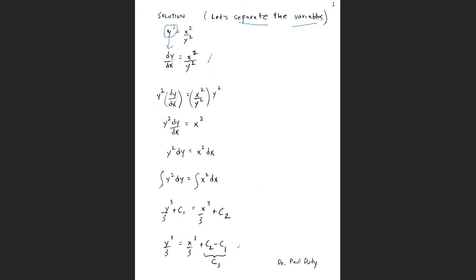What I want to do is get the y functions and information on one side of the equation and the x information on the other side. So I can multiply both sides of the differential equation by y squared, and I get y squared times dy dx equals x squared.